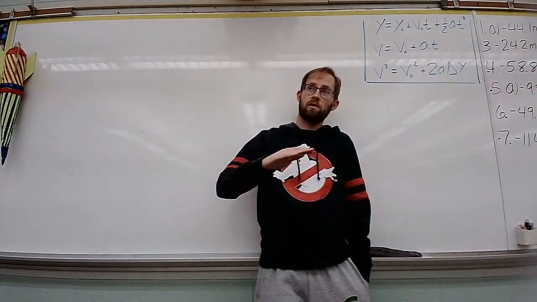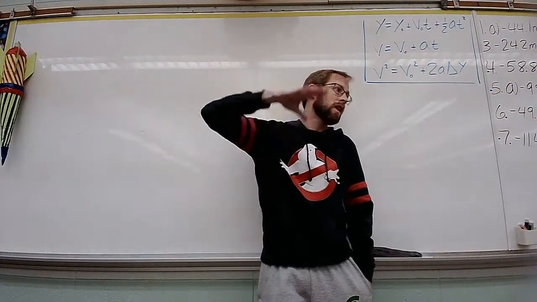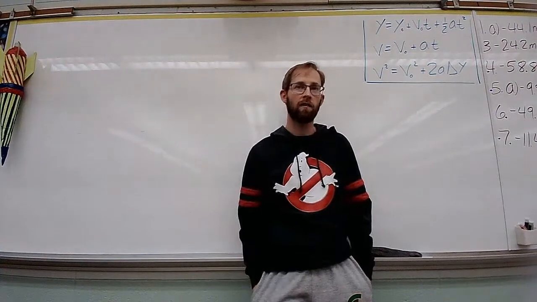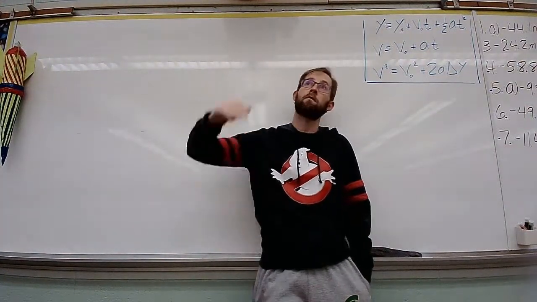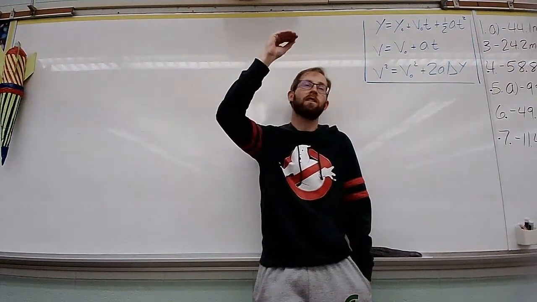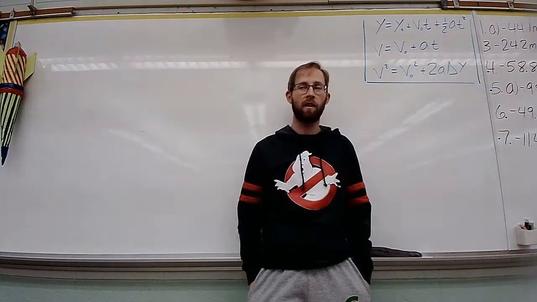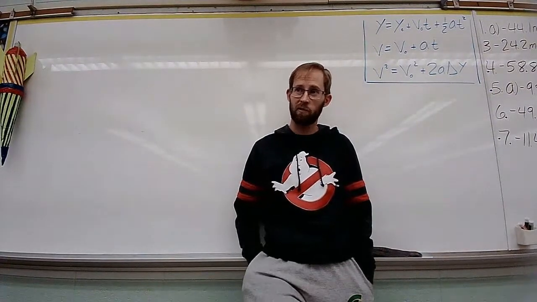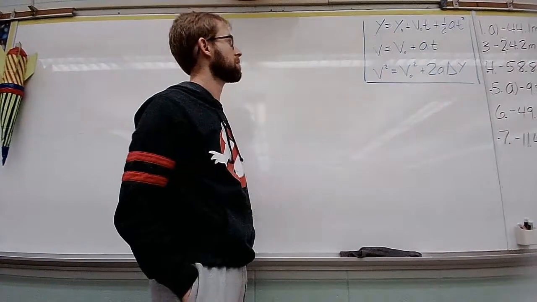Whether it's slowing down going up, or speeding up going down, or anything in between, if an object is in free fall, its acceleration due to gravity is 9.8 meters per second squared. That will never ever change, even for the tiny momentary pause when it's in the air and it's turning around. Acceleration is always going to be that value. So the good thing about that is we automatically know what acceleration is for all these equations. It's always going to be negative 9.8.